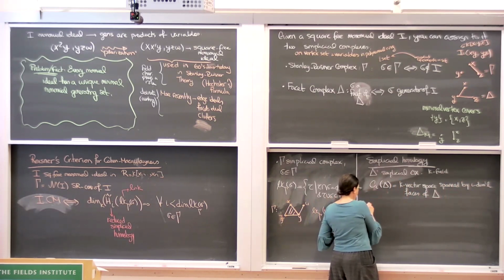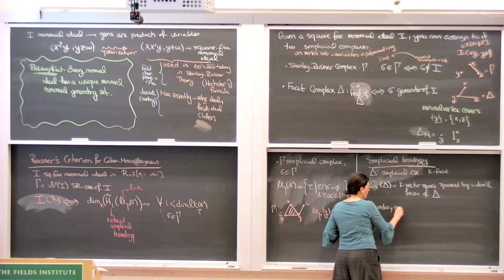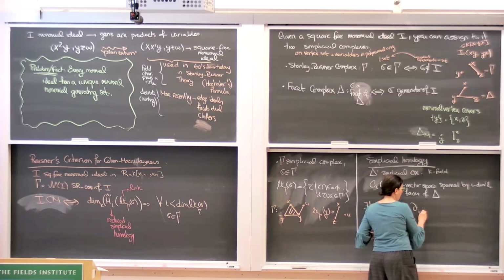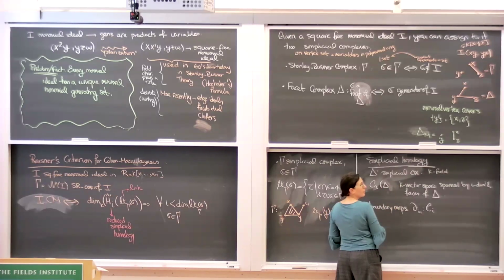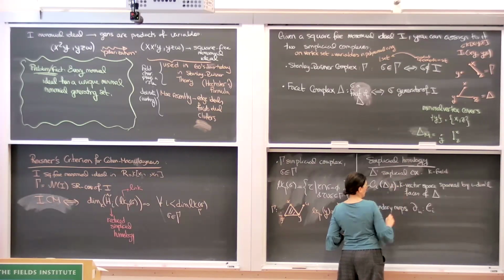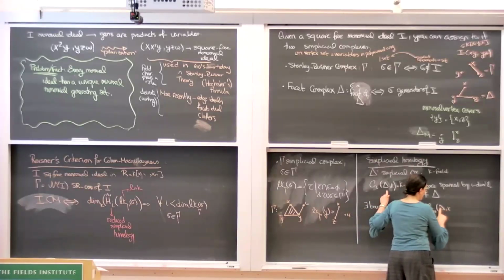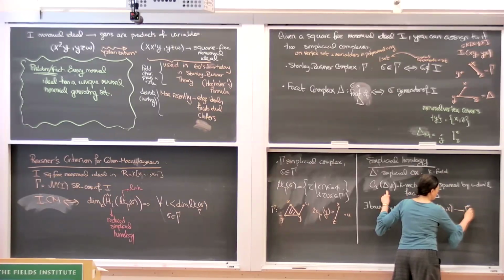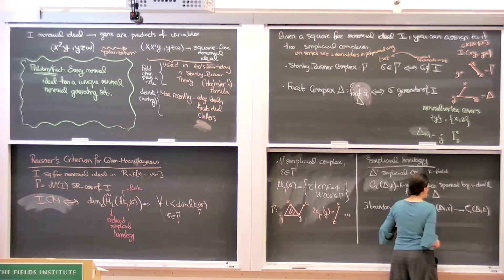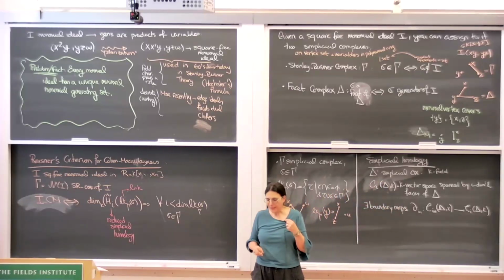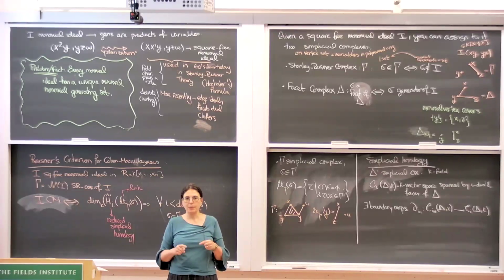so you can always find boundary maps sigma i plus 1 from C_{i+1}(delta, K) to C_i(delta, K), which takes really every face, because the basis for every one of these C_i is going to be your faces.